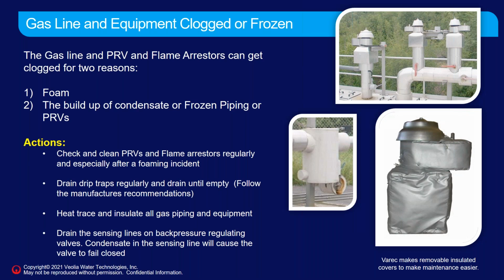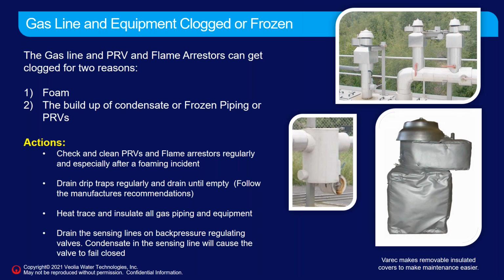So we got gas piping. Again, this is a common problem with cold temperatures, and with the cold temperatures we've seen all over the country recently, this is a good time to talk about it. The gas line and PRV and flame arresters can get clogged for a couple reasons: foam, or the buildup of condensate or freezing piping PRVs.